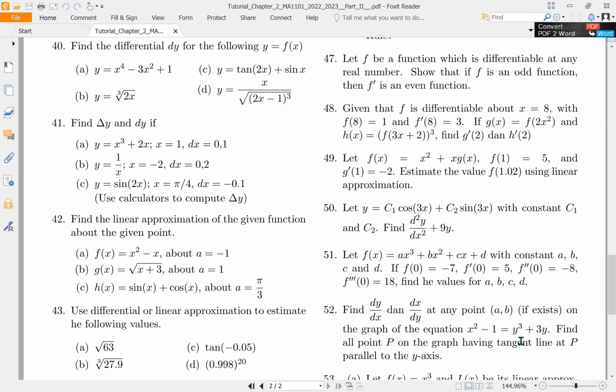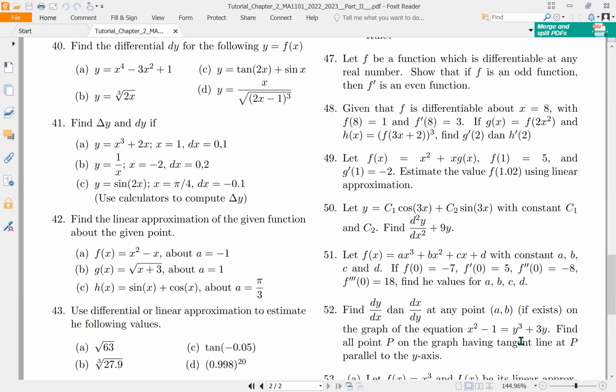All right. So now the idea of differential here can be used for approximation, namely, more precisely, linear approximation. For example, consider 4.2a.